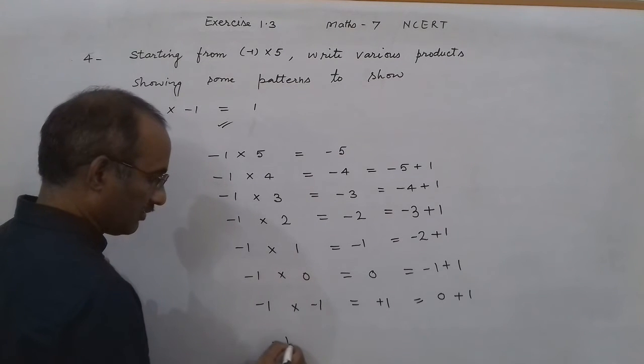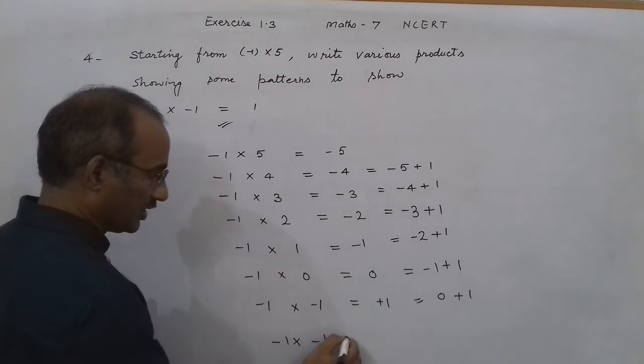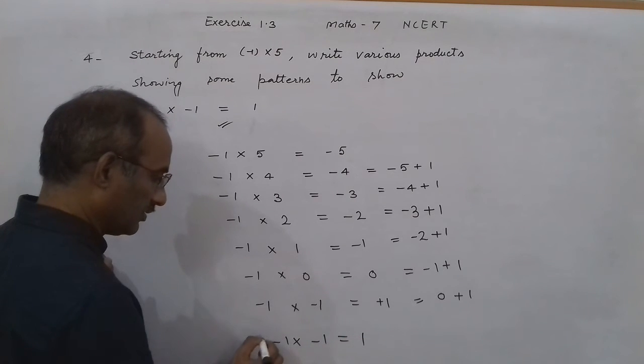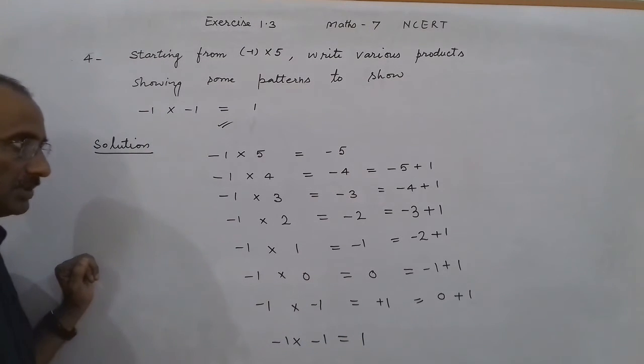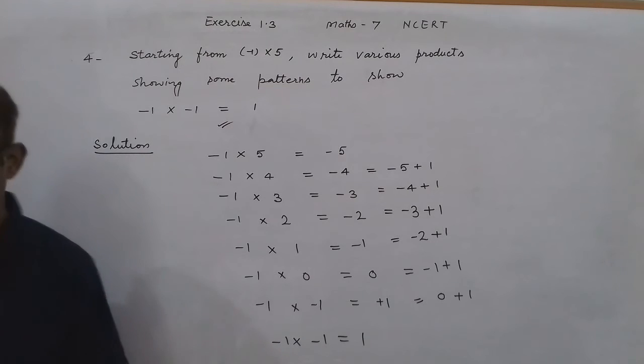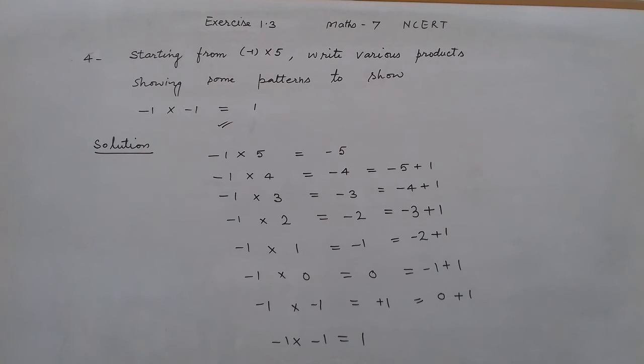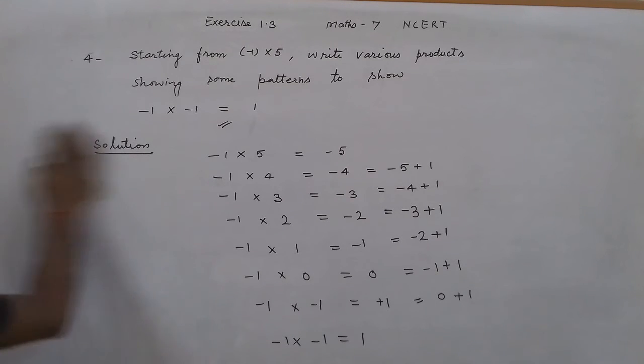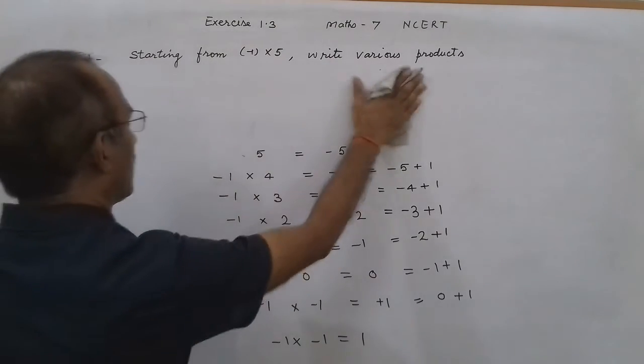So -1 multiplied with -1 equal 1. This is our answer. Now question 5.